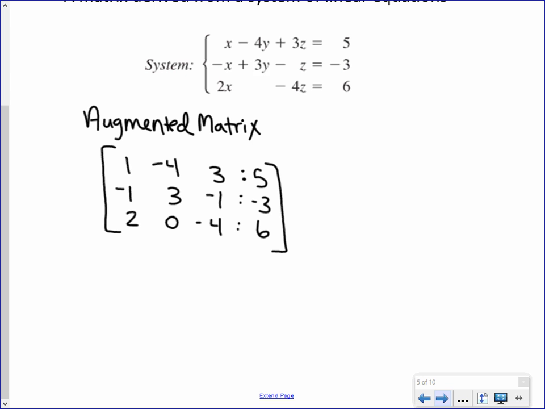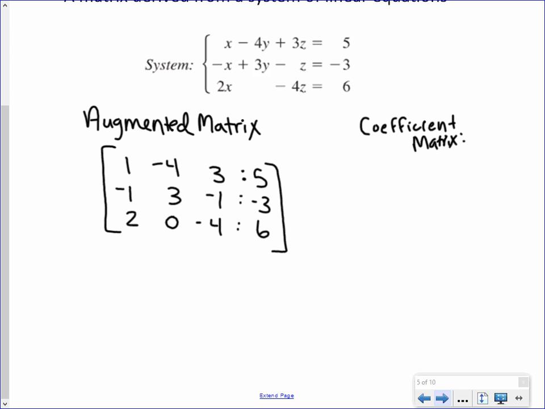Now, before we go on, and we're going to do a little bit more of this here in just a little bit, but I am going to just name really quickly something called a coefficient matrix, because we'll do some work with augmented matrices, but then we'll also look at just coefficient matrices. And so a coefficient matrix is just a matrix made up of the coefficients.